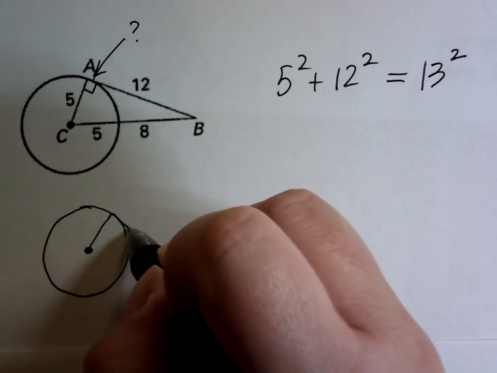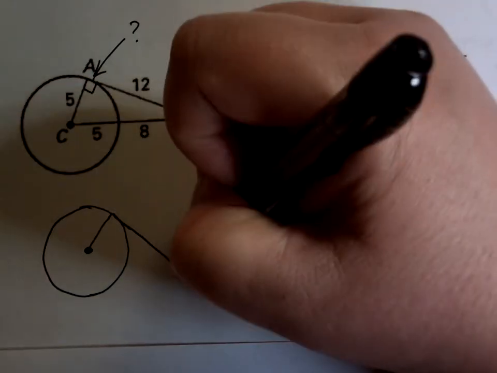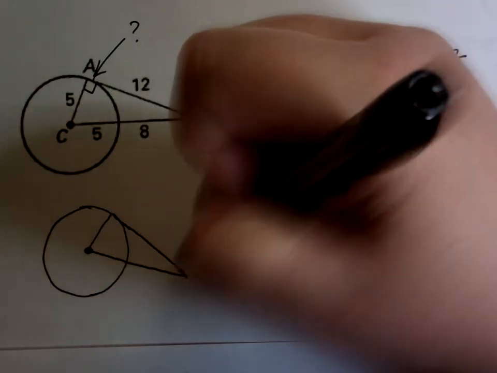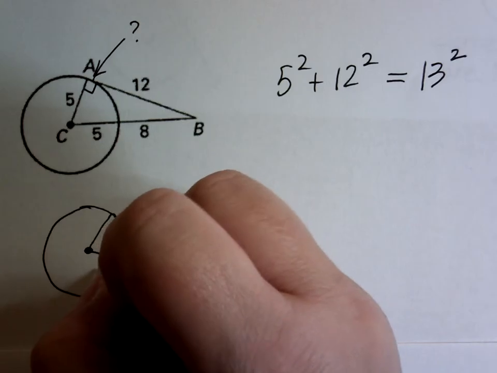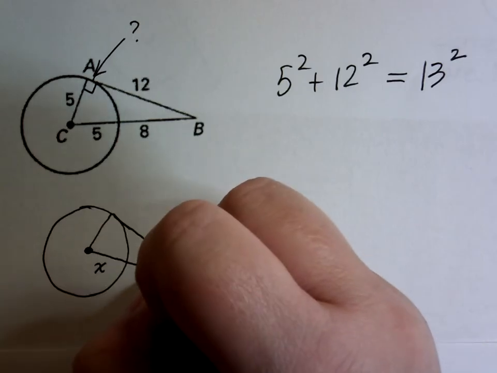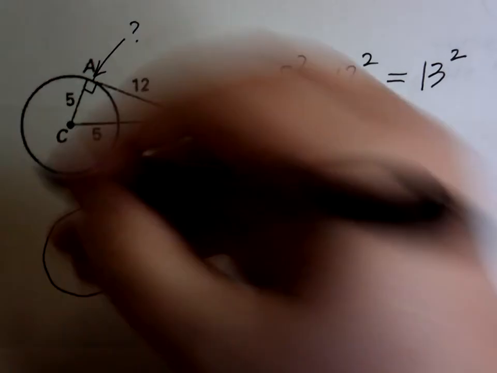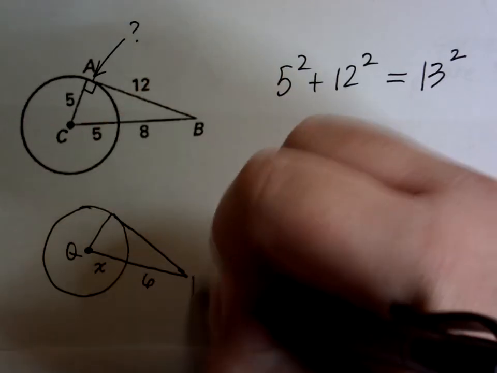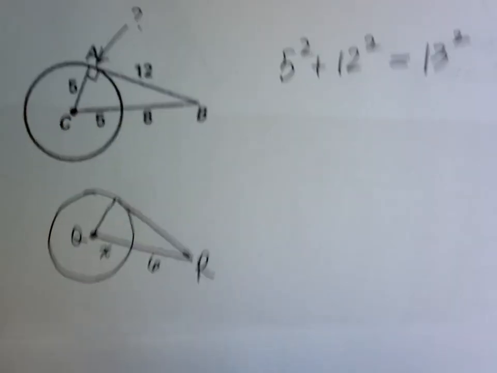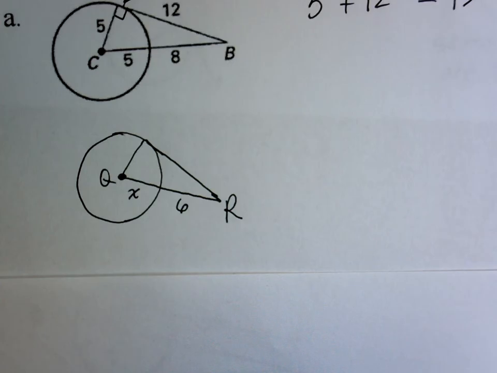But the same students who rarely have trouble with that very often have trouble with this. Let's say you have something similar. I'm going to call this QR. If I have to find the length of segment QR, a lot of students, for whatever reason, would look at that and say, oh, it's 6x.